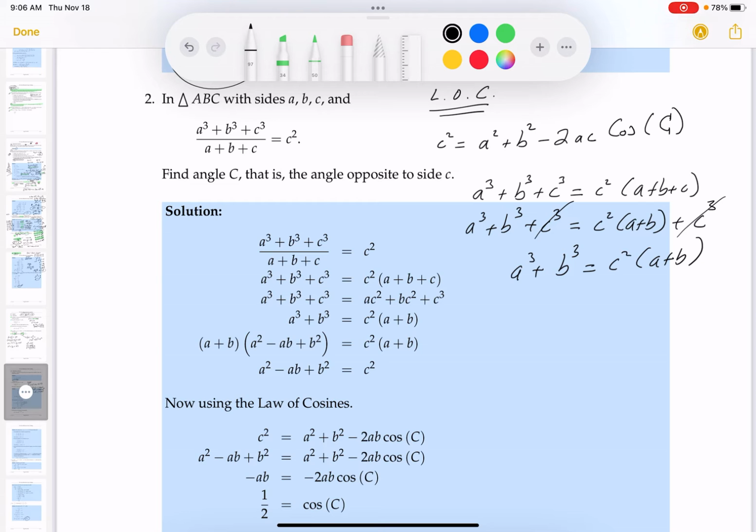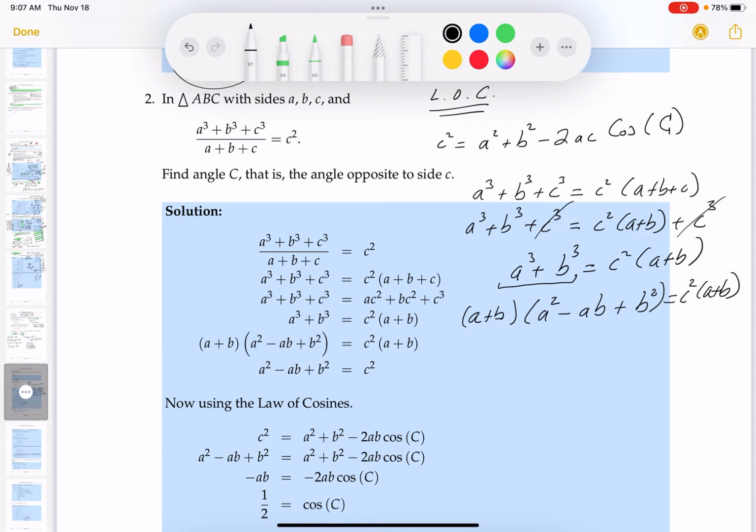I'm seeing that. And then what do I notice? I notice, from a really basic algebra course, I could probably factor that pretty quickly. And what would that factor to? A plus B times, this is a sum of perfect cubes, it would be A squared, let's see, minus AB plus B squared is equal to C squared times A plus B.